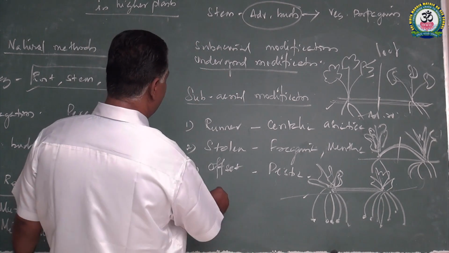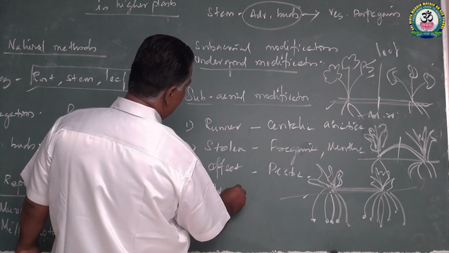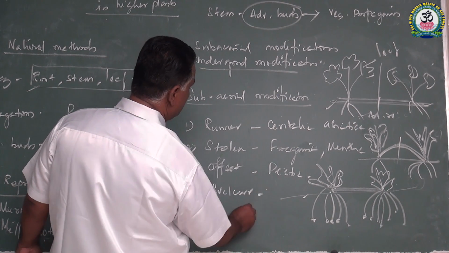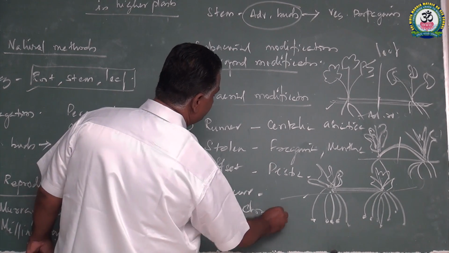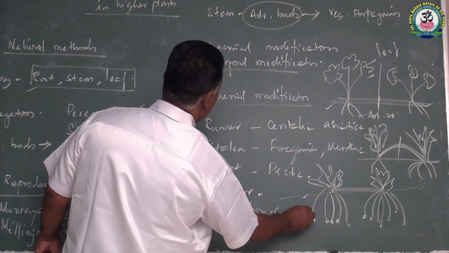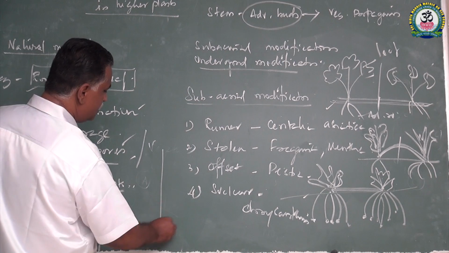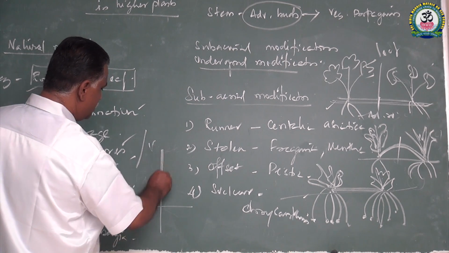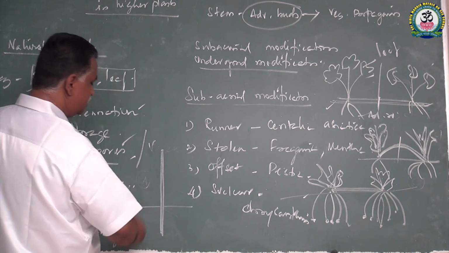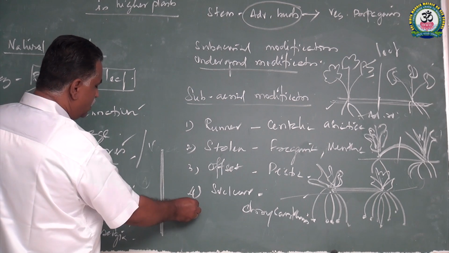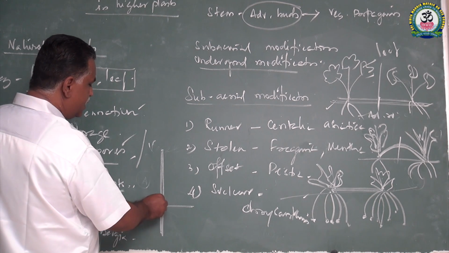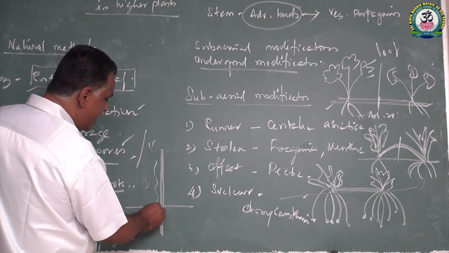And fourth is sucker. Example, chrysanthemum. In chrysanthemum, what is special? Here there is a main trunk which has two parts: the aerial part and the subaerial part of the main trunk.